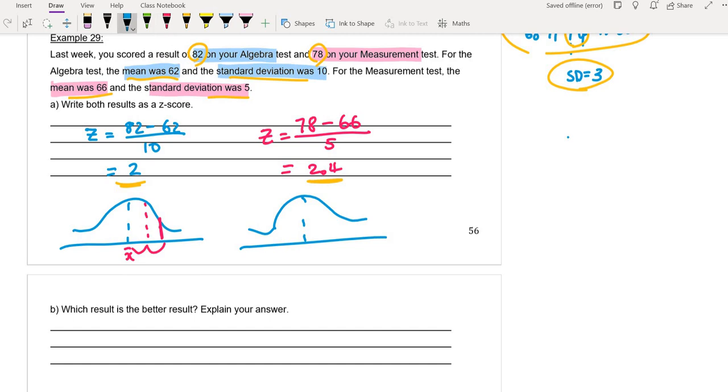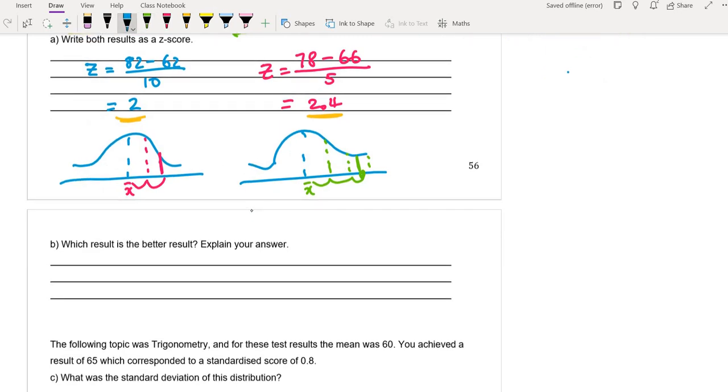But for the measurement, you are not only 2 higher, but 2.4, so 2 and a bit higher from the mean. So even though the score is lower because it was harder, look at the mean and the standard deviation and everything, you've actually done better in comparison to the rest of the cohort or the class for the measurement test.